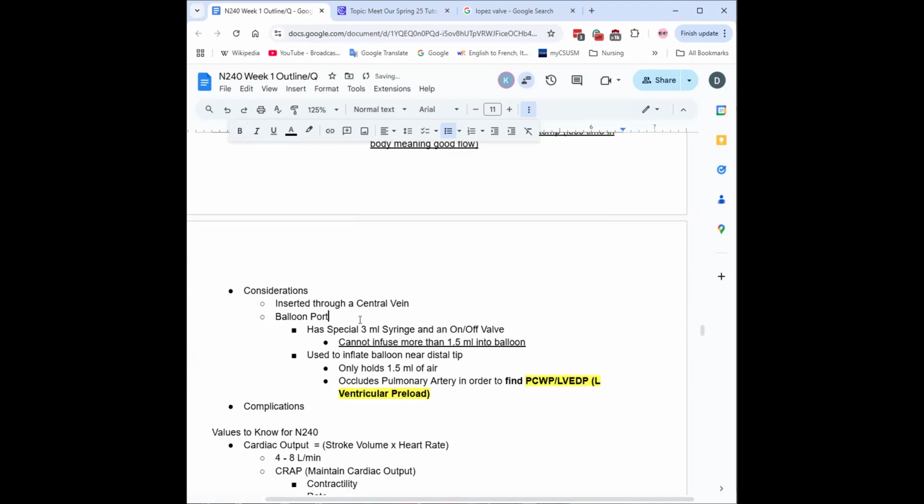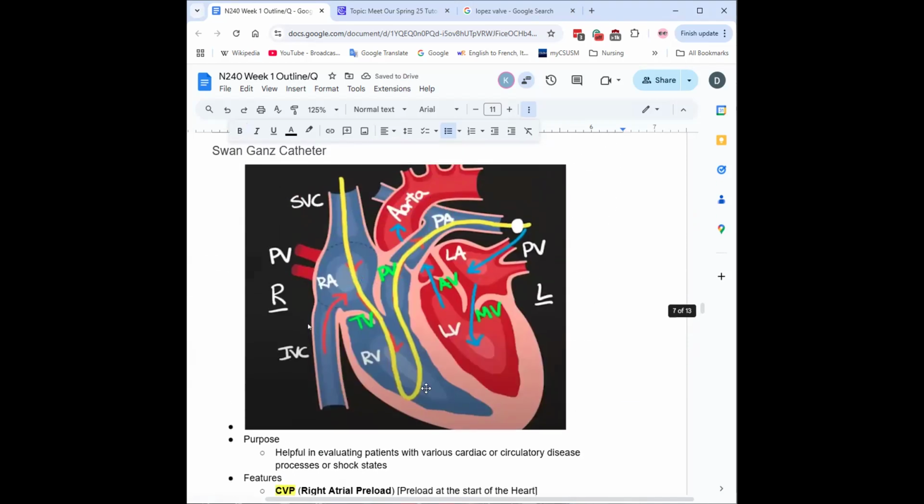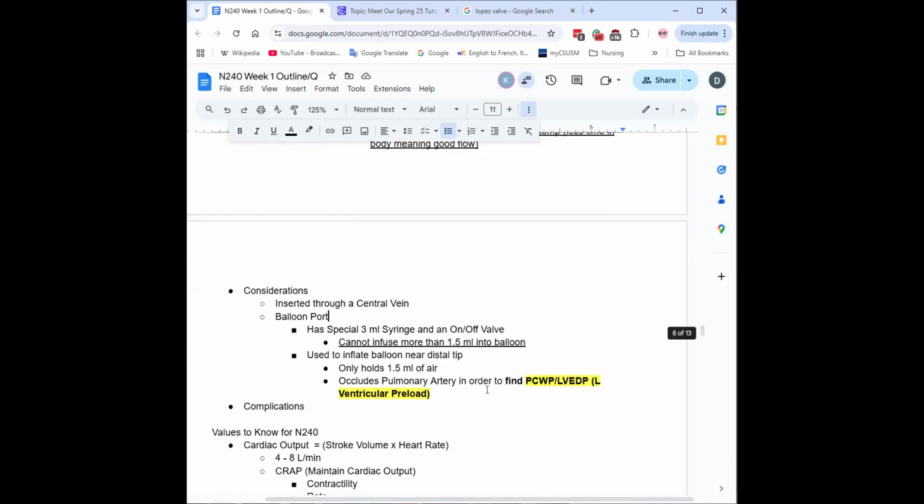All you need to know is that there is a balloon port because there's a little balloon. You will put in some air, and doing so will allow you to occlude the pulmonary artery so you can get the pulmonary wedge pressure. And then you cannot infuse more than 1.5.